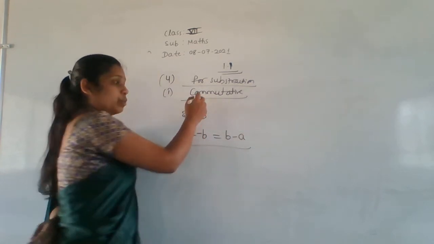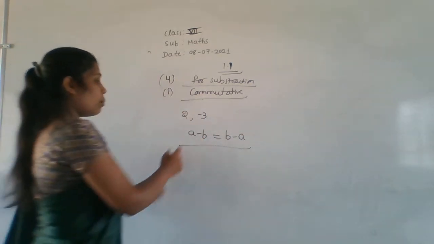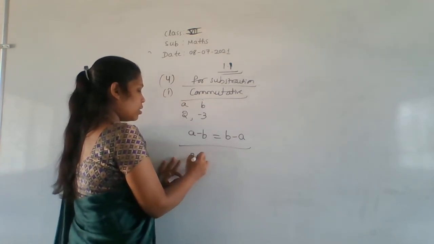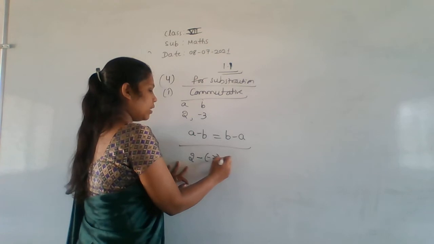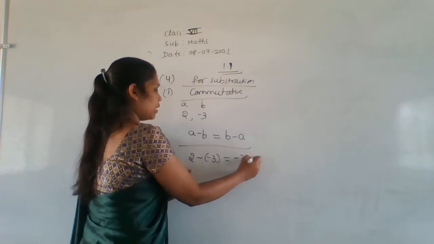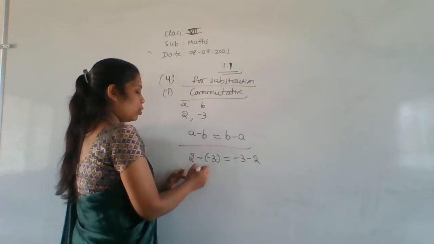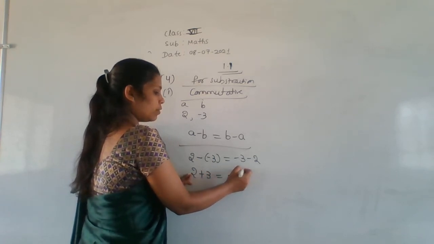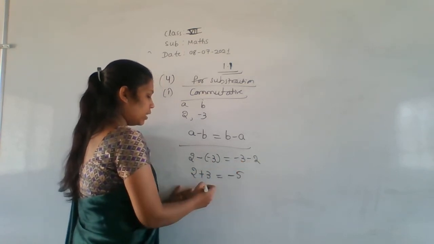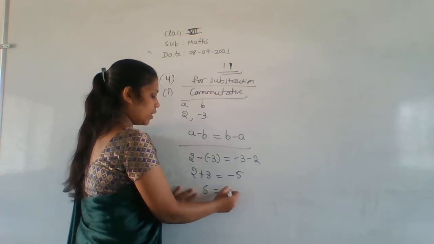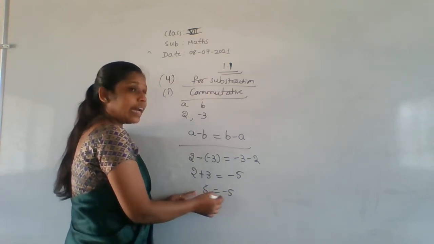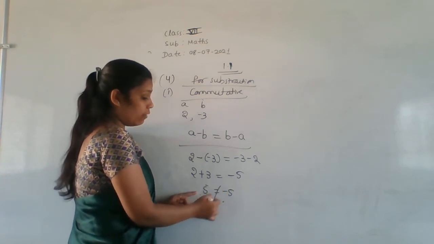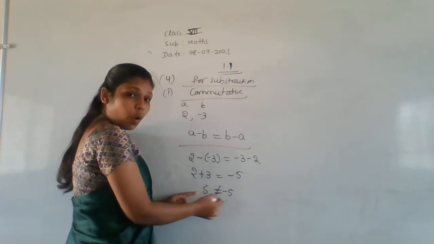Here a is 2 and b is minus 3. Substitute the values: 2 minus of minus 3 equals minus 3 minus 2. So 2 minus into minus is plus 3, that is 5, and here minus 3 minus 2 is minus 5. Are 5 and minus 5 equal? No, these two are not equal.